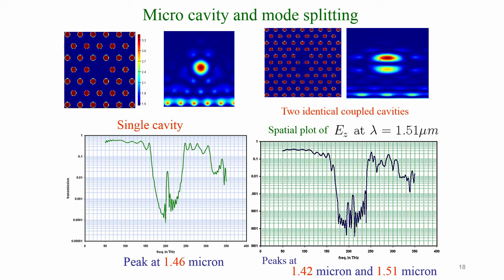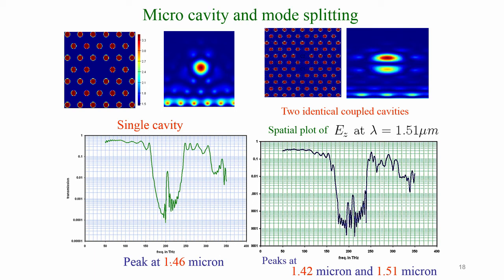So, you can use this if you launch light through this photonic crystal. Second mode, if you launch, it is possible for you to split the mode. You can use microcavities to design resonators or mode splitters. In this particular case, we see a peak at 1.46 micron using a single cavity.